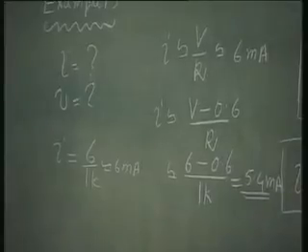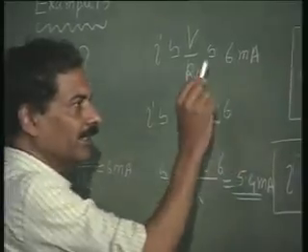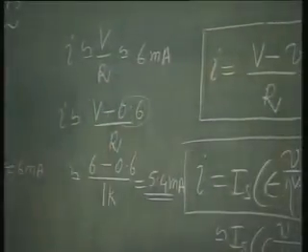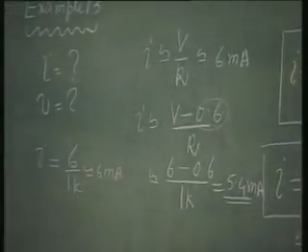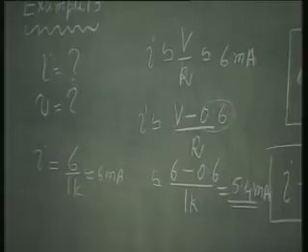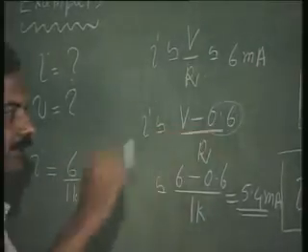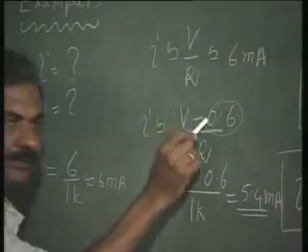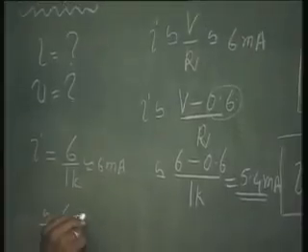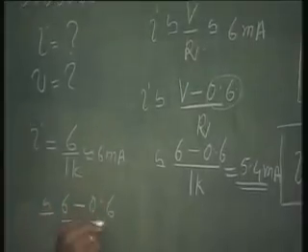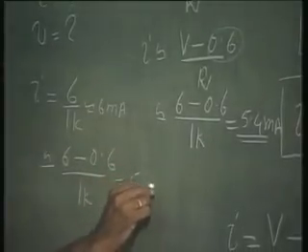A better approximation would be to take the voltage across the diode not as 0, but as 0.6 volts, because we have predicted that it lies between 0.5 to 0.7 for most of the diodes which are operating around milliamperes of current. We will examine whether this is true later, but for the time being we will assume it to be 0.6. So, the current, a better approximation, is 6 minus 0.6 divided by 1 K, which we have got as 5.4 milliamperes.